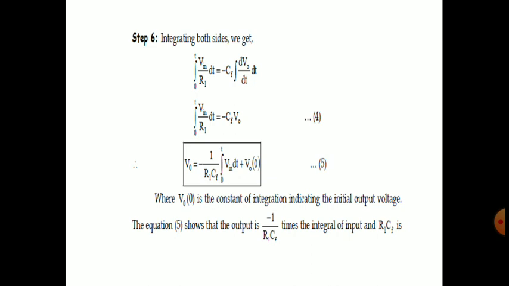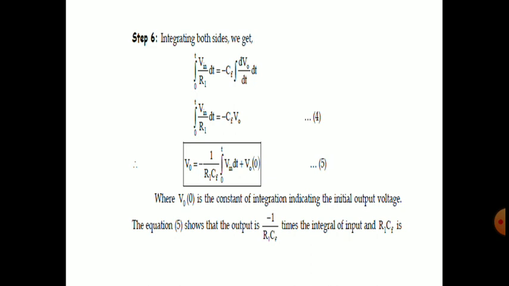If we have some initial value at the output at t equal to 0, it will be available in the case of integrals. When we do the integral part, we have initial values. If we don't have any initial value, then it can be taken as 0. Where V output of 0 is the constant indicating the initial output value.